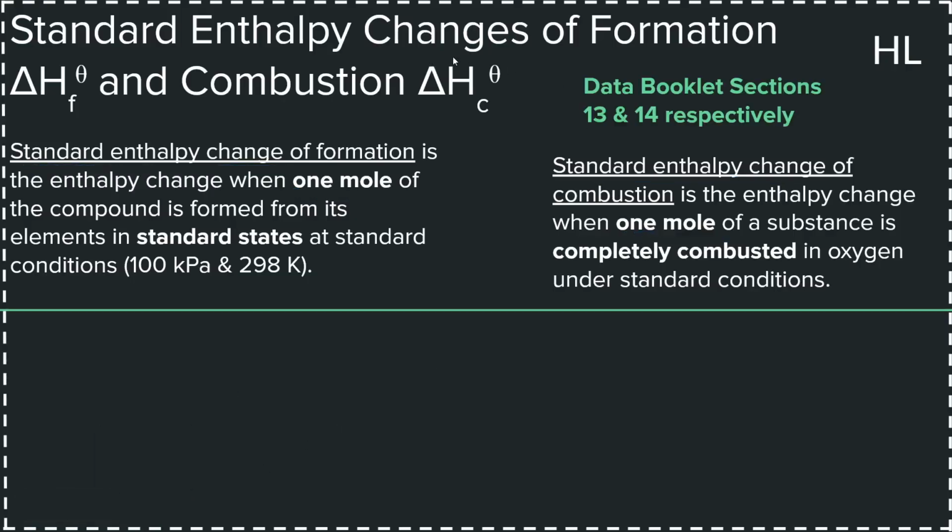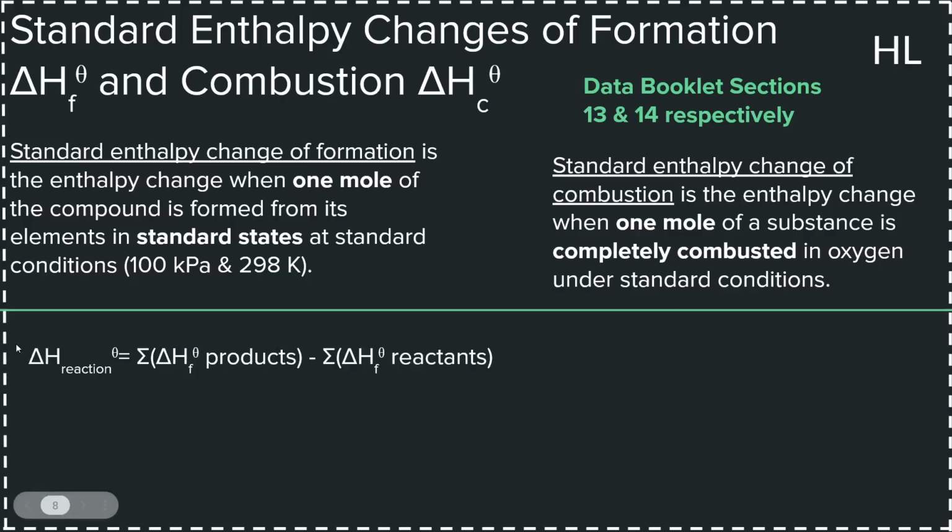Now, these are going to be in your data book sections 13 and 14 respectively. If it's formation, the delta H of the reaction is going to be the sum of all your standard delta H formation of products minus the sum of all your delta H formation of reactants.